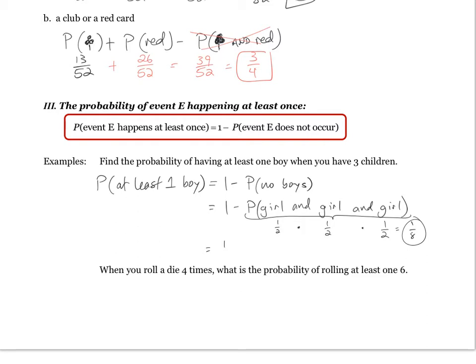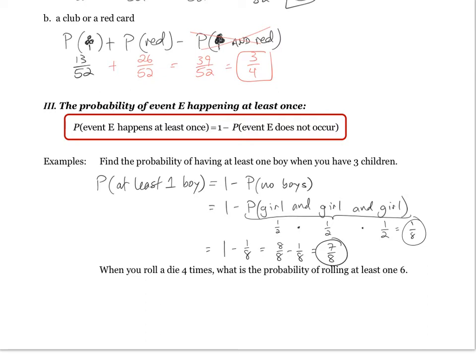So 1 minus 1/8 is the same as 8/8 minus 1/8, which is 7/8. You have a 7/8 probability, or something like an 87.5% chance that you will have at least one boy.